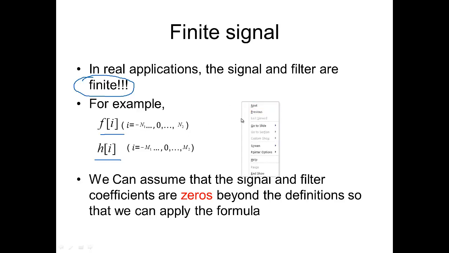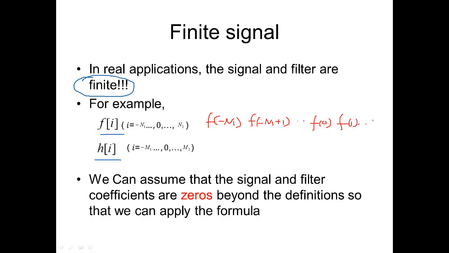So you can write f as starting from negative n1, then f negative n1 plus 1, and go ahead to f0, then f1, f2, up to f n2.